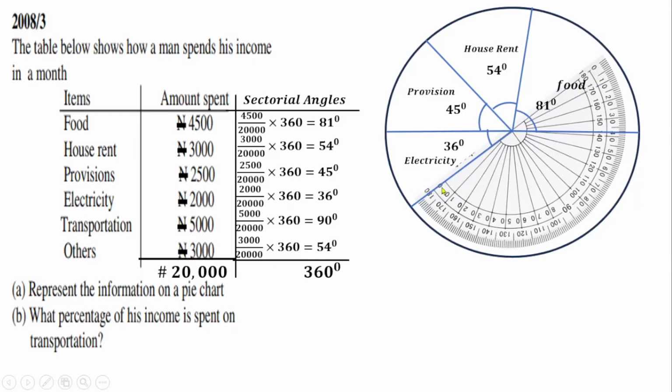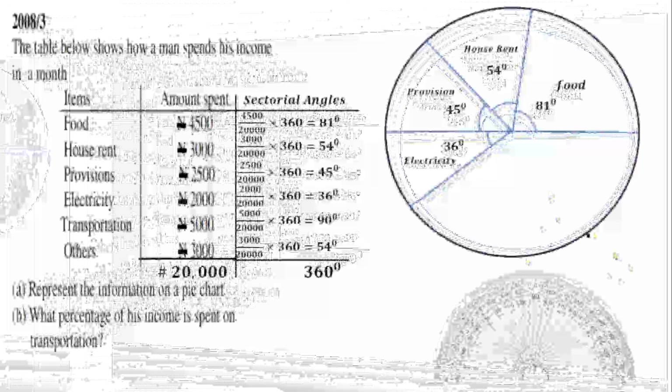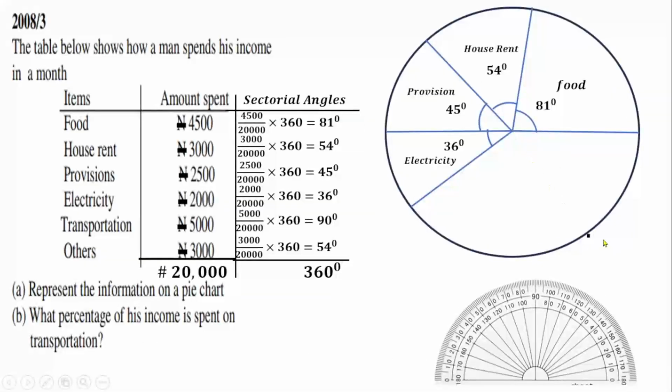So I'm going to angle 90, which is from 0 to 90. This is 90 here. So that means at the top here I'll make a point, remove my protractor. Then I can take a ruler and join this point to this point here, and the whole angle here will be a right angle, which is angle 90 degrees. So it's a right angle, and that will represent transportation.